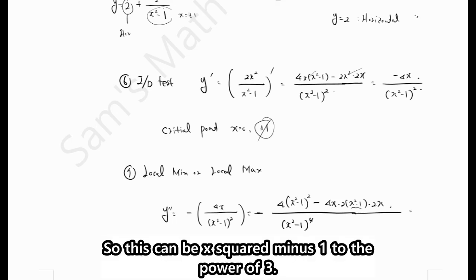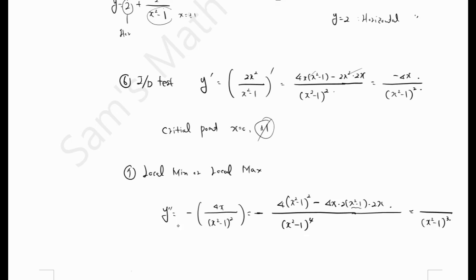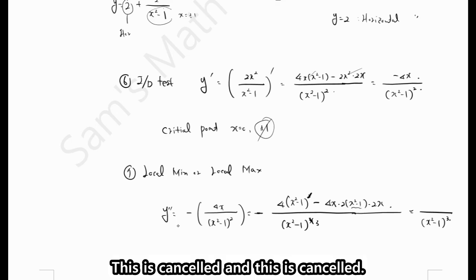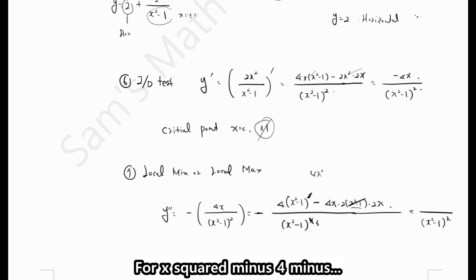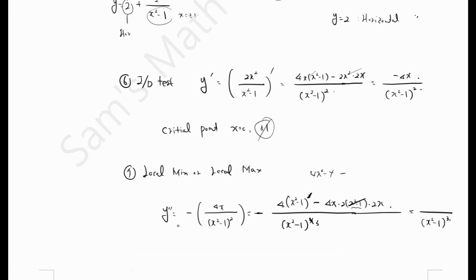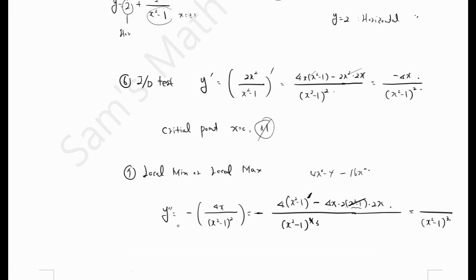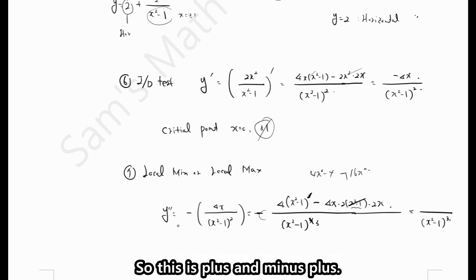So this can be x squared minus 1 to the power of 3, after one factor cancels. The numerator is minus 4x squared plus 4 plus 16x squared, which is 12x squared plus 4.